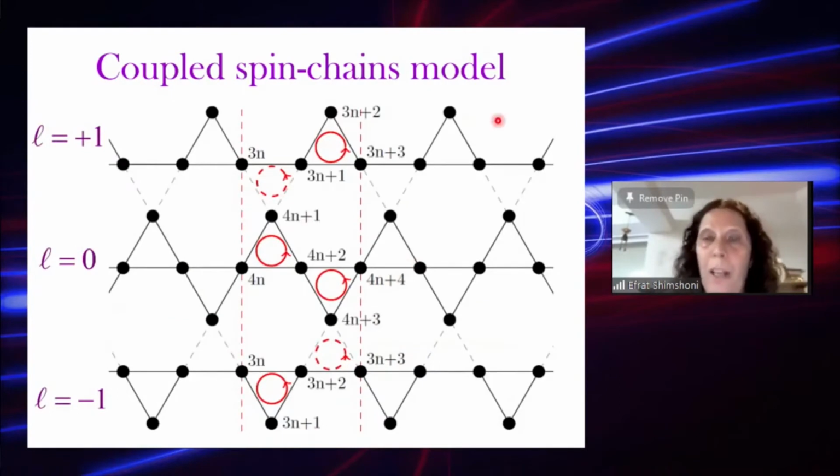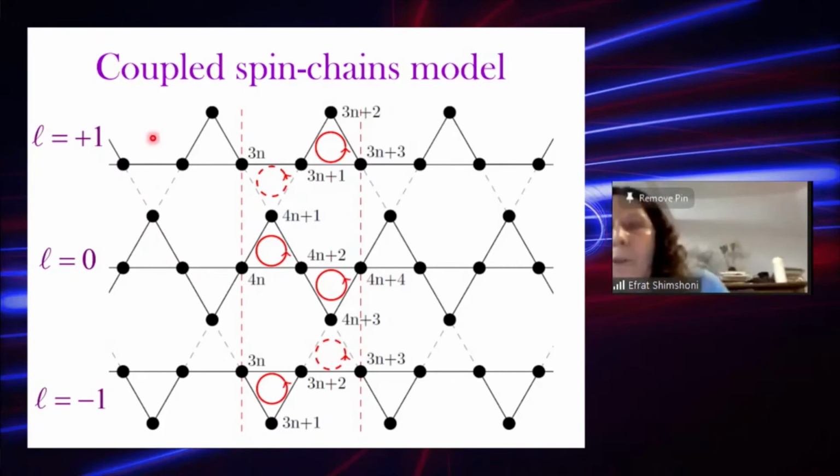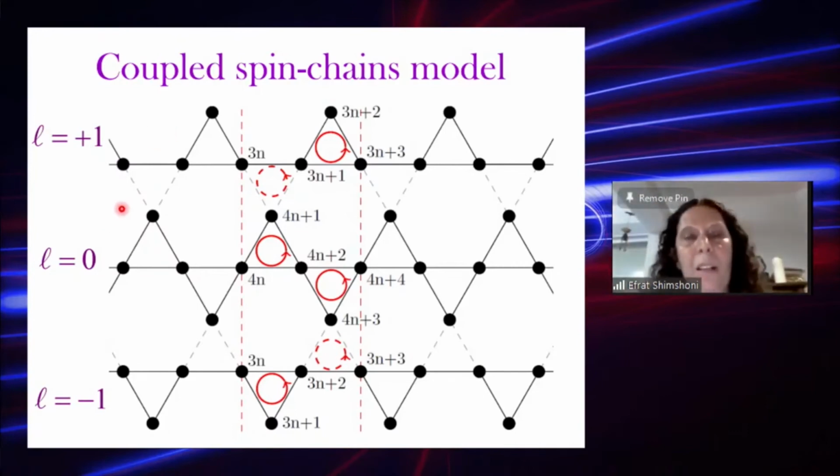The reason that we consider the quasi one-dimensional system is that it can be analyzed theoretically using basically bosonization, the tools that are available for one-dimensional systems, and also explicitly calculate the thermal Hall effect.